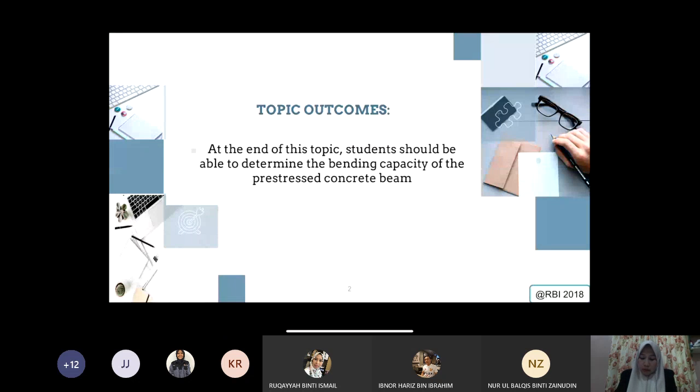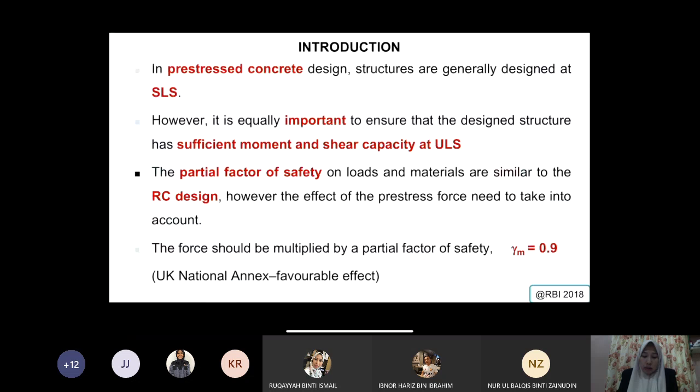At the end of this topic, students should be able to determine bending capacity. In pre-stressed concrete design, structures are generally designed at serviceability limit state. That's what we have done. However, it is equally important to ensure that the design structure has sufficient moment and also shear capacity at ultimate limit state.